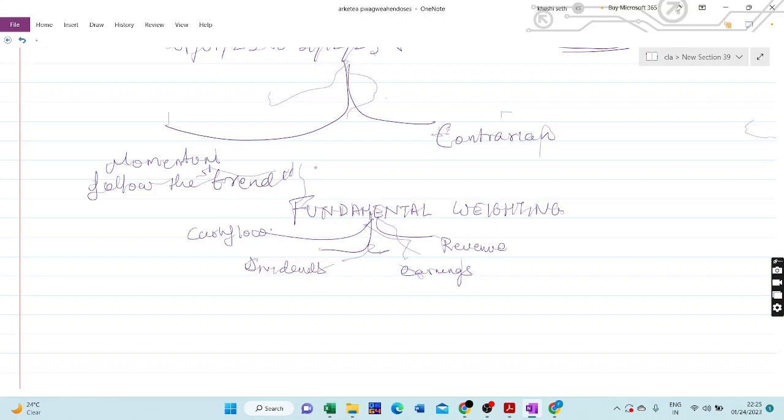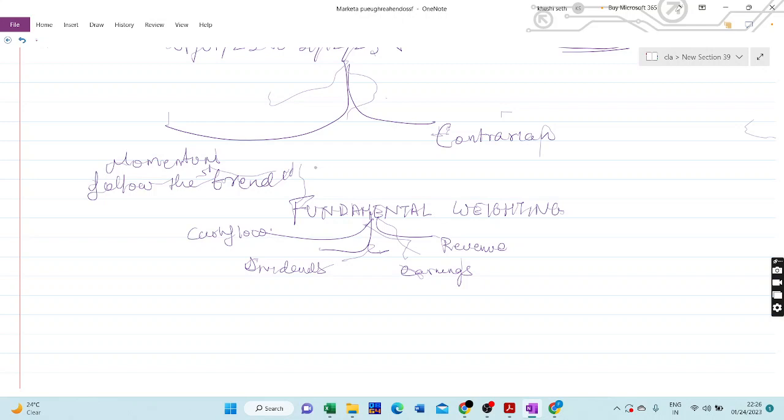In a fundamental weighted index, weights are calculated on the basis of fundamentals such as dividends, cash flows, revenues, and earnings. And the most important point is that the fundamental weighted index is unaffected by the price of the constituent securities, unlike your price weighted index, unlike your market cap weighted index, right?